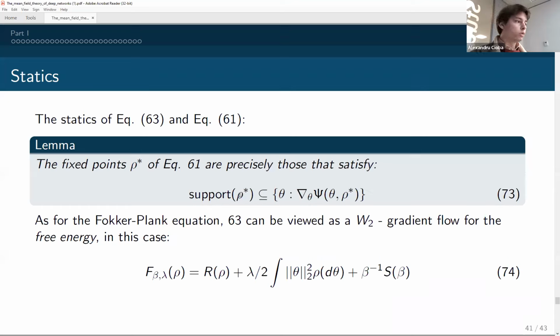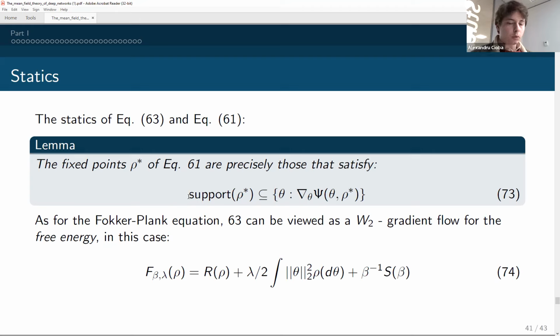So in particular, rho star looks like something that is supported in a very small set, and typically, and also true for one-dimensional examples, they will be a sum of delta functions.